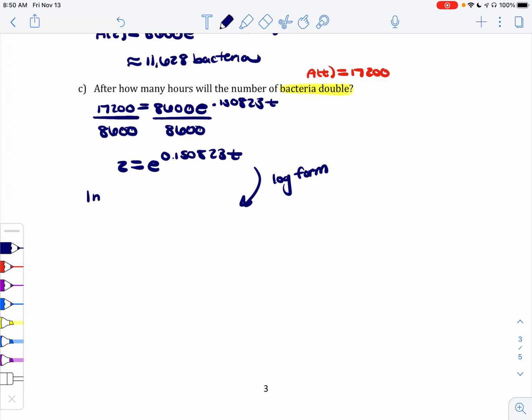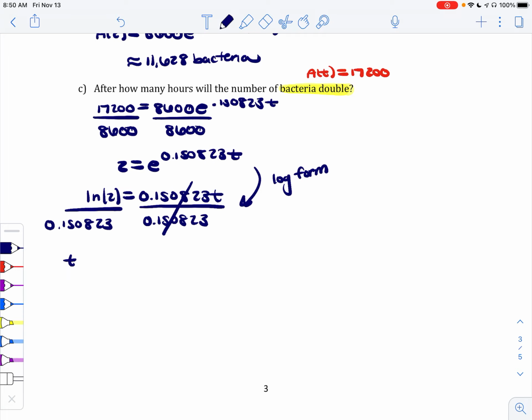So that would become the natural log of 2 is equal to 0.150823t, and then divide by your rate, and we get our t value of approximately 4.6 hours once we plug that into our calculators.